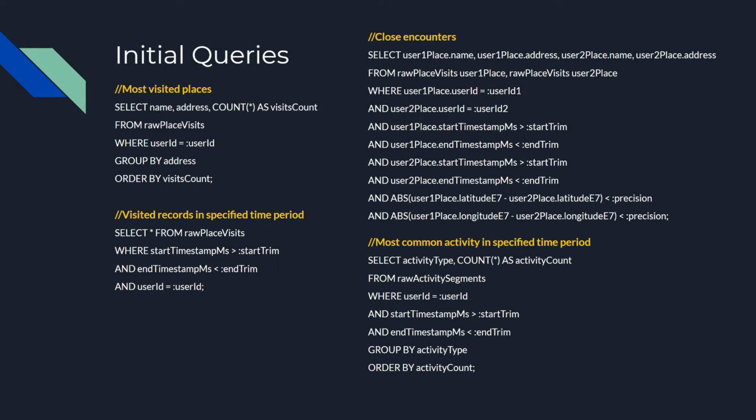The bottom right one, the most common activity in a specific time period. This involves that activity segment table that I was referring to earlier. We're doing something similar with most visited places. We're collecting the most common activity by grouping by that activity type and collecting a count of it and then ordering by that count within a specific time period.